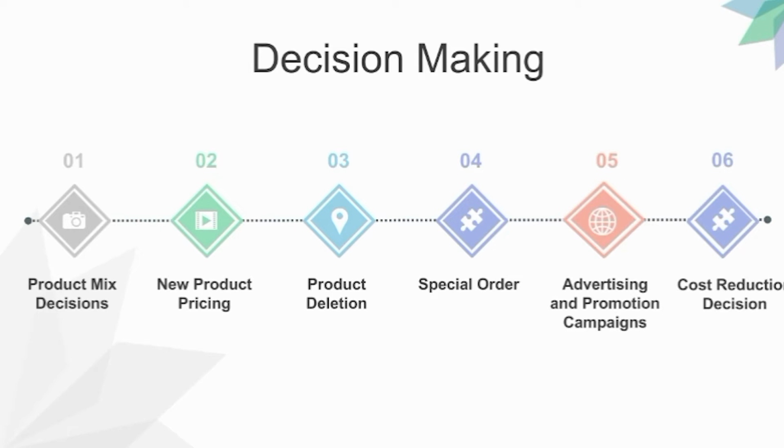It also helps product deletion or special order, and then advertising and promotion campaigns, and the last one, cost reduction decisions. So all these explanations demonstrated that direct or variable costing is superior in providing relevant information for controlling the various types of costs and in leading management to better decisions in the light of overall profitability.